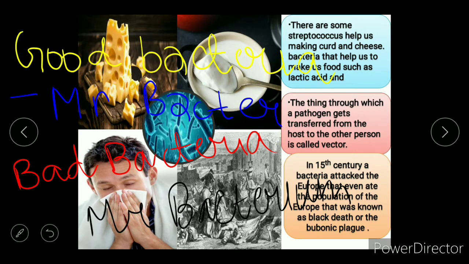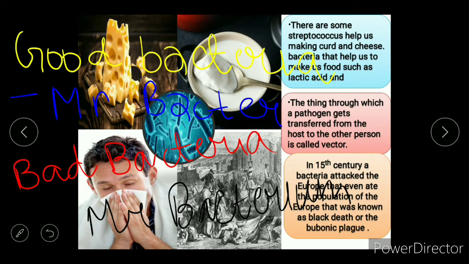So what basically happened: ships from China went to Europe carrying huge amounts of grains of rice, wheat, maize and many other millets. In that ship, mice were present, unknown to the crew. When the ship reached Europe, the mice came into Europe.